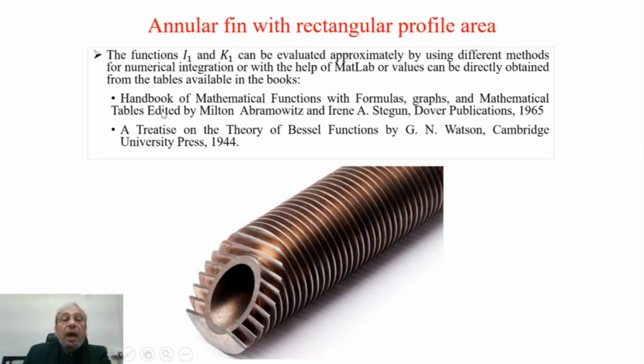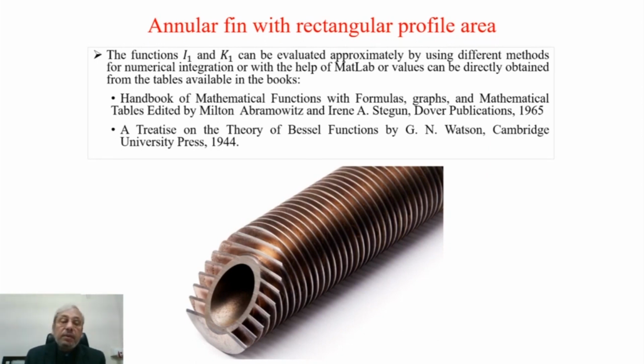the values can be directly obtained from the tables available in many books. I have given the reference of these two books. One is the Handbook of Mathematical Functions, with Formulas, Graphs, and Mathematical Tables, the famous book of Abramowitz and Stegun, Dover publication, and the other is A Treatise on the Theory of Bessel Functions. So you can refer to these books and try it out.